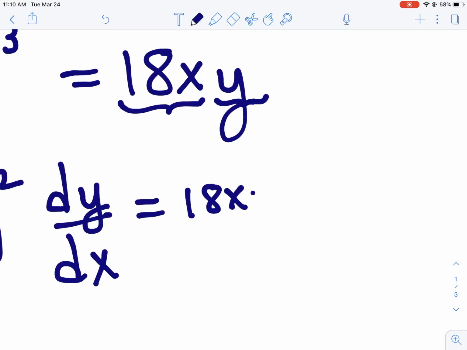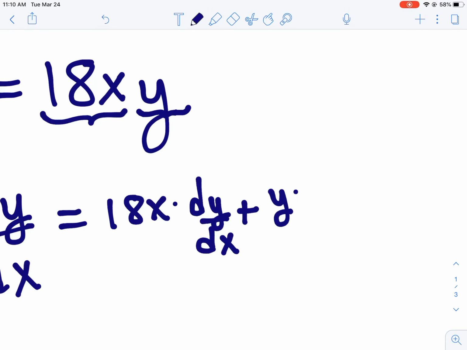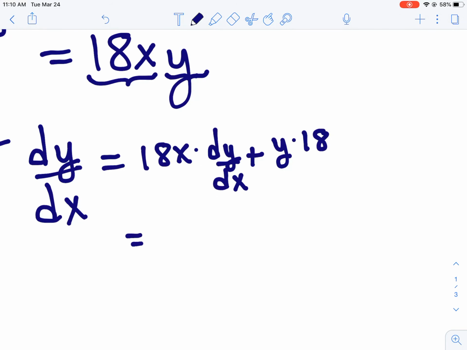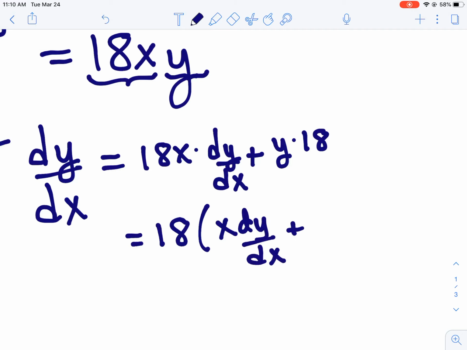The derivative of y is just dy dx, plus the second, which is y, times the derivative of the first, which is just 18. So on the right side here, I've got 18 twice. I'm going to go ahead and bring that out in front.